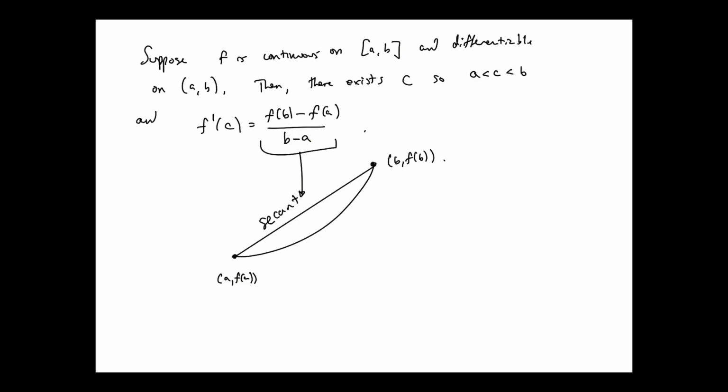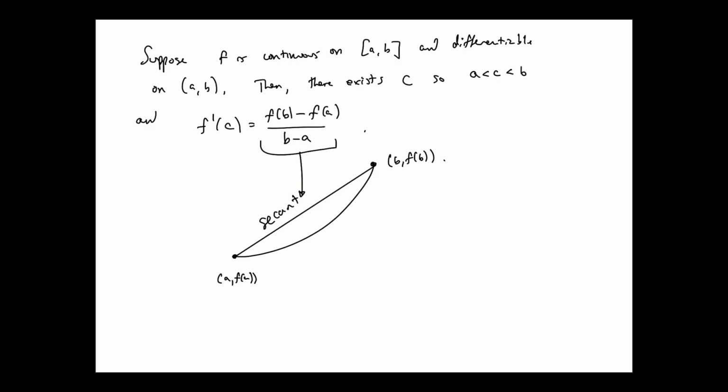Now, what this theorem is saying is that assuming the hypotheses are true, there is a place where the derivative equals this slope. So looking at my graph, do you see a place where the tangent line would have the same slope as this secant line?